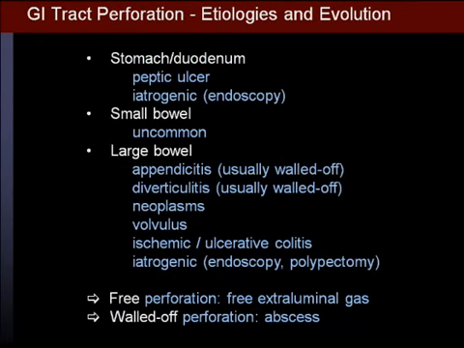And this is the last topic I would address, GI tract perforation. There are various causes of perforation, and this is a list where you can see, depending on the location, the stomach, small bowel or large bowel. I've already discussed the perforation in case of appendicitis and diverticulitis, which is usually walled off.